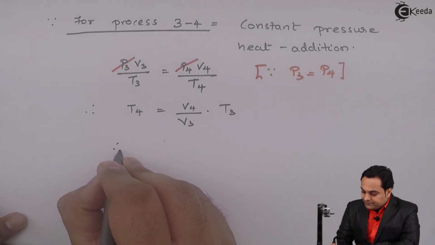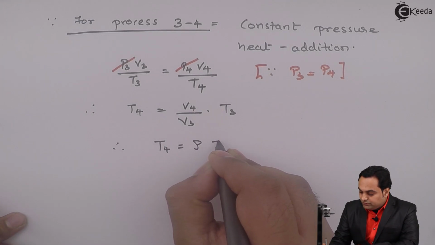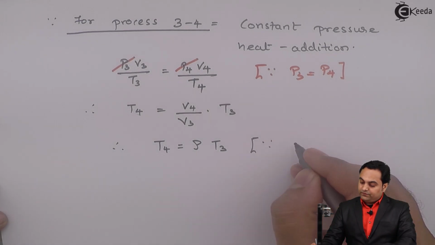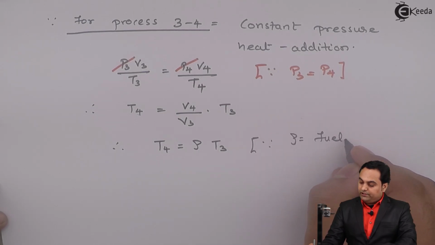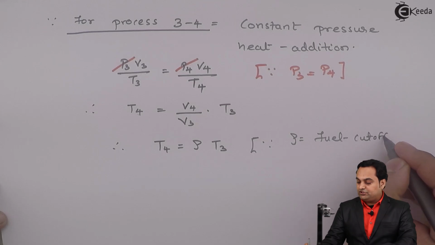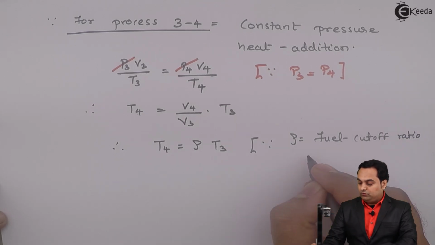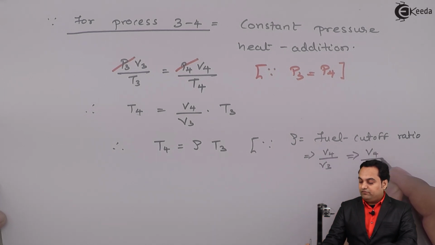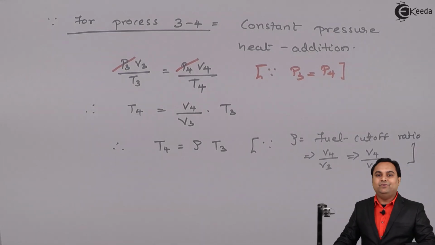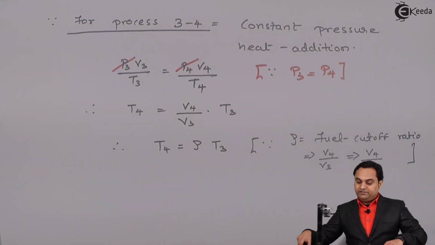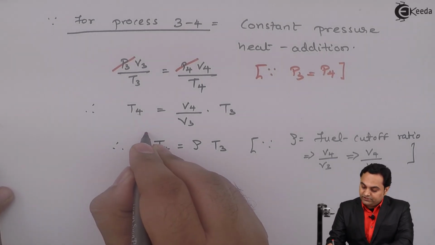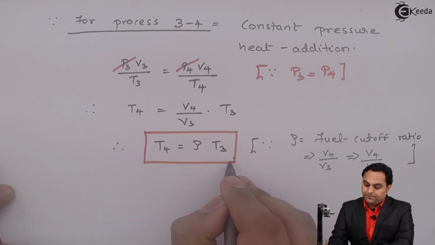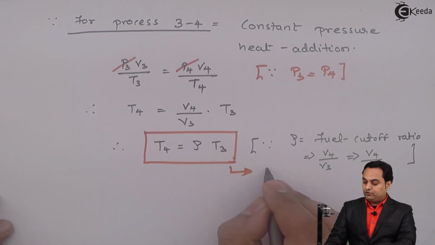So therefore T4 is equal to rho into T3, and here I'll say that since rho is equal to fuel cut off ratio and it is equal to V4 upon V3, or it can be also written as V4 upon V2 because V2 is equal to V3. Now here I am getting T4 in the form of T3, and as I have explained, we have to get all the temperatures in the form of T3. This will become equation number 8 for us.